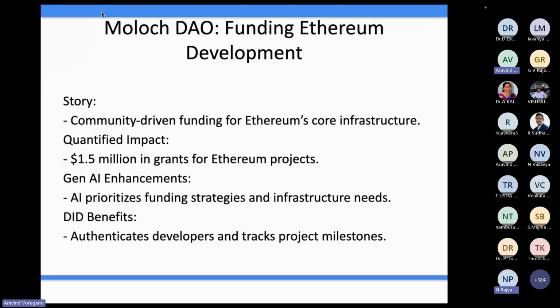So $1.5 million in grants for various Ethereum projects were sanctioned. And again, as I told you, for any funding-based DAO, Gen AI can play a role to prioritize funding strategies and infrastructure needs. And decentralized identity can take care of authenticating the developers and tracking project milestones.